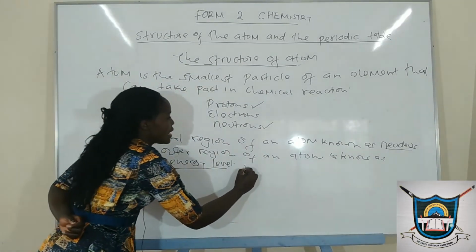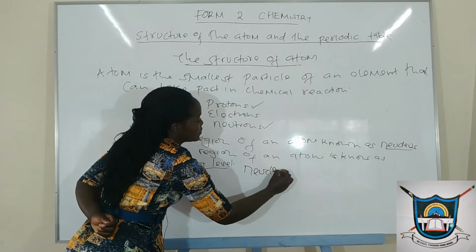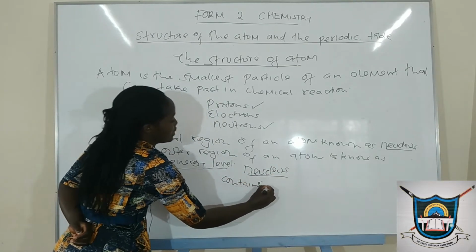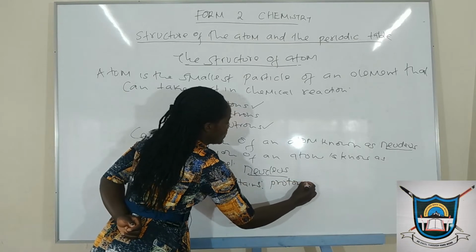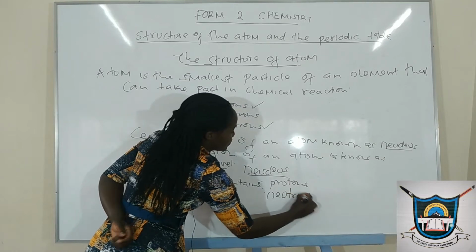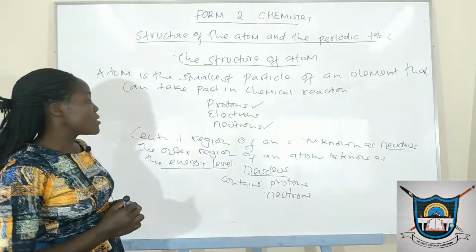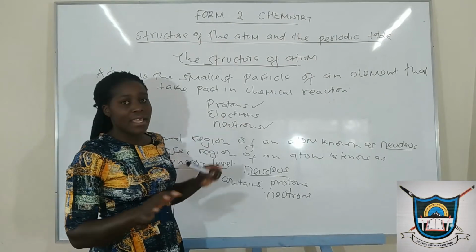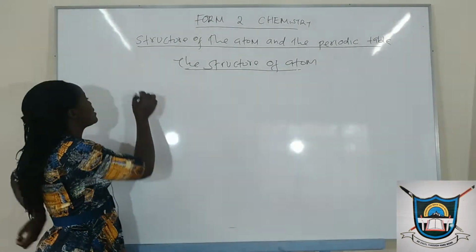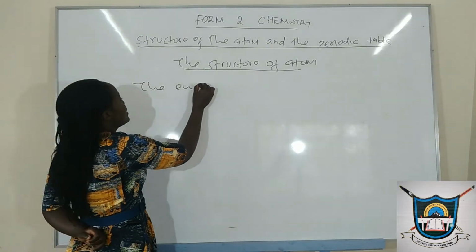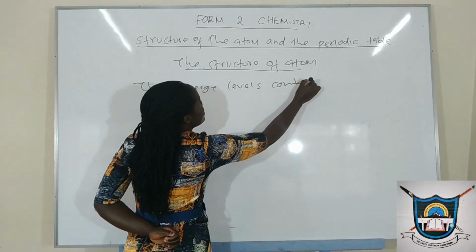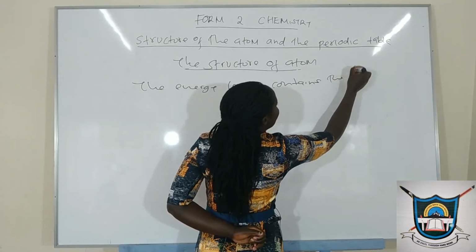That is, the nucleus contains the protons and neutrons, while the energy levels contain the electrons.